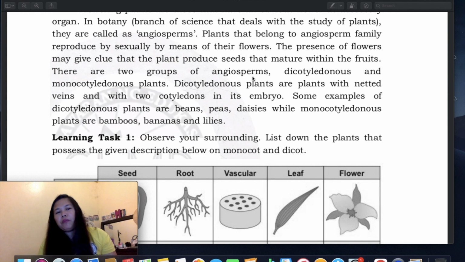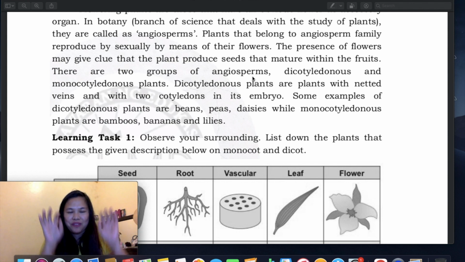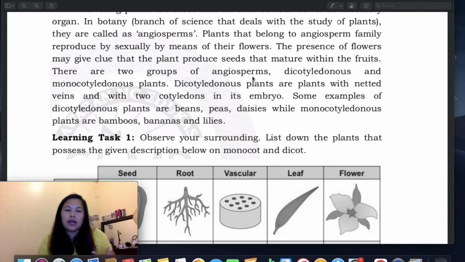When we say monocot, mono, 1. Okay, yun lang. So, dicotyledonous plants are plants with netted veins and with 2 cotyledons in the embryo. Okay, embryo, yung seeds na siya yung mga ng young plant. Ganon. Kung merong embryo dun sa female reproductive part ng tao, meron ding embryo sa plants.